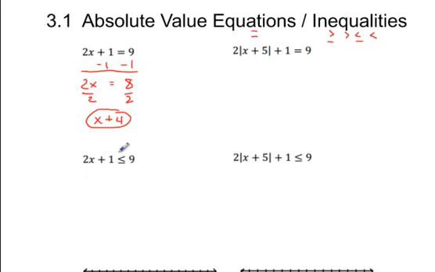When we multiply or divide by a negative, this sign will flip. That's not going to happen here. I'm going to subtract 1. I'm not multiplying or dividing by a negative, I'm subtracting. 2x is less than or equal to positive 8. Divide by 2.